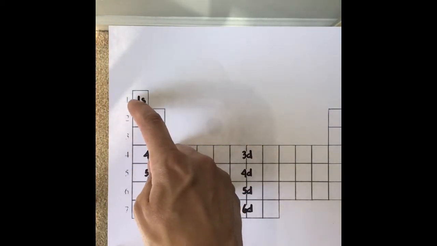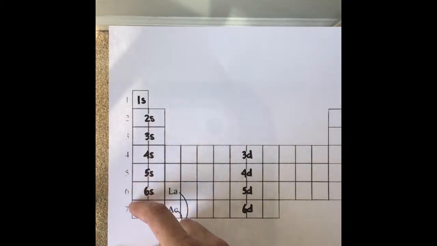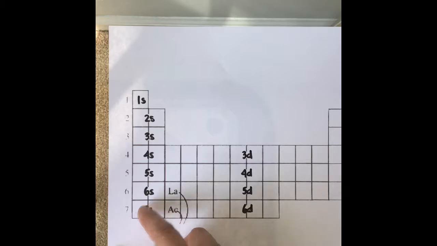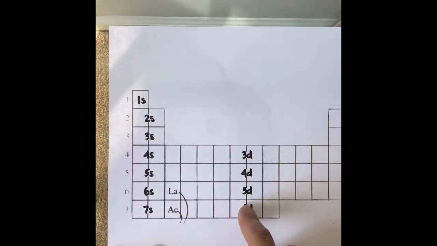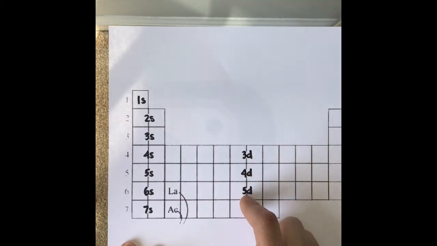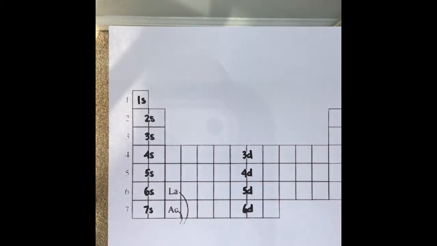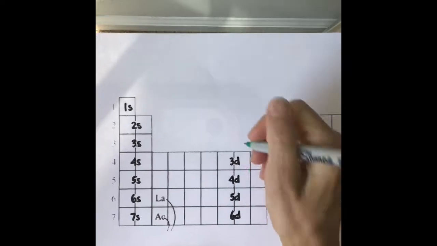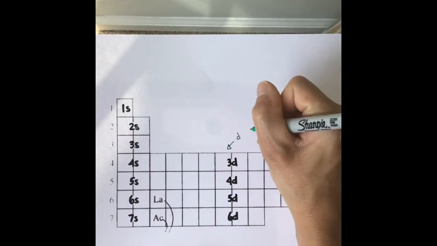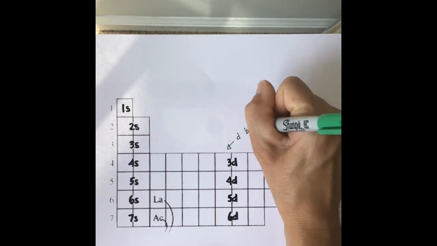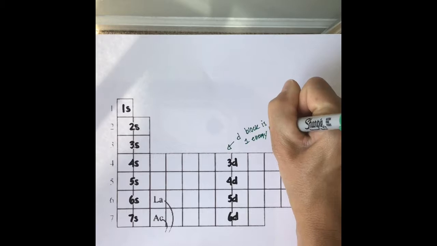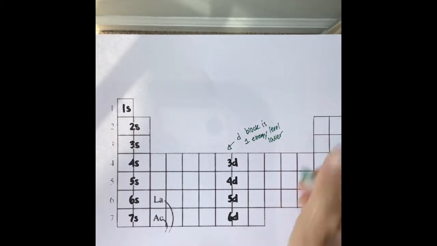These energy levels, 1, 2, 3, 4, 5, 6, 7, followed right along with the number of rows on our periodic table. But when we get here to the d block, notice that the d block energy levels are 1 lower. And that's just something you need to note and you need to watch out for when you are writing your electron configurations. So you might just want to write d block is 1 energy level lower.